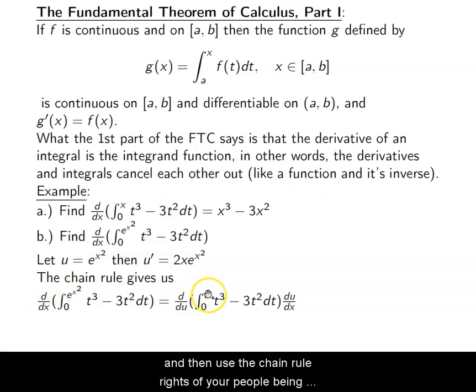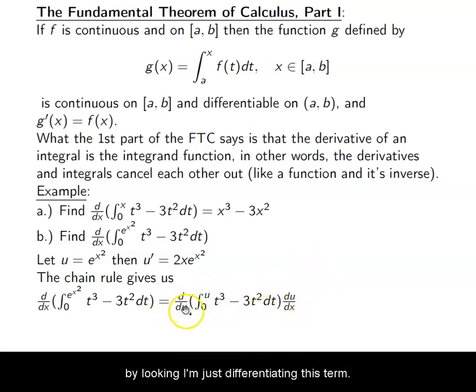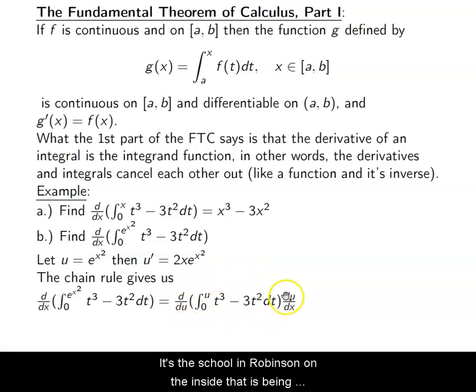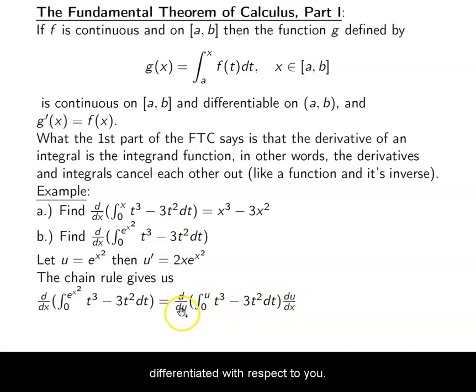So here everything will be in terms of u, and here this is one of the times where that Leibniz notation is preferable to the Newton notation, and it makes it a lot easier to understand what's happening by looking at, oh, I'm just differentiating this term, right? This d du, it's this whole integral function on the inside that is being differentiated with respect to u.